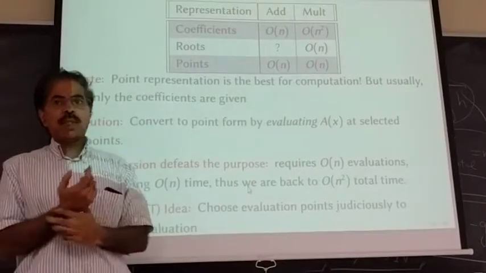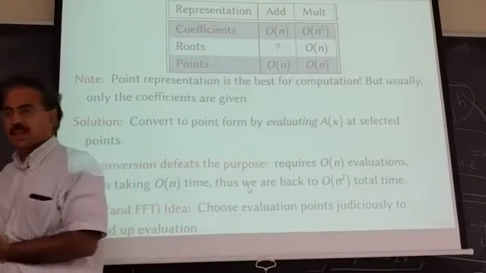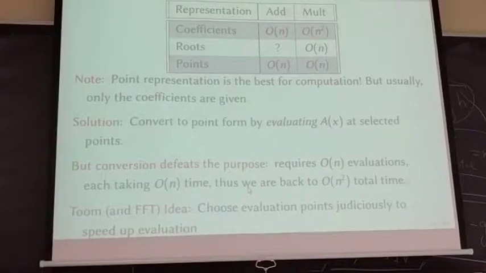With that representation, we can do additions easily, because we simply add the coefficients for the same degree. In this case, for instance, for x squared the coefficient is going to be 1. Then for the coefficient of x, we add 2 and 1, so 3.